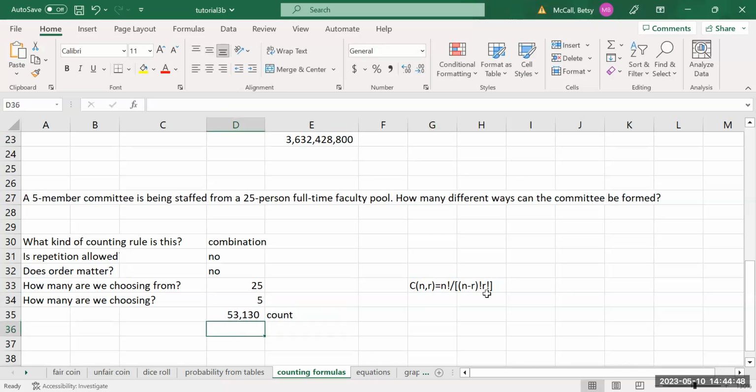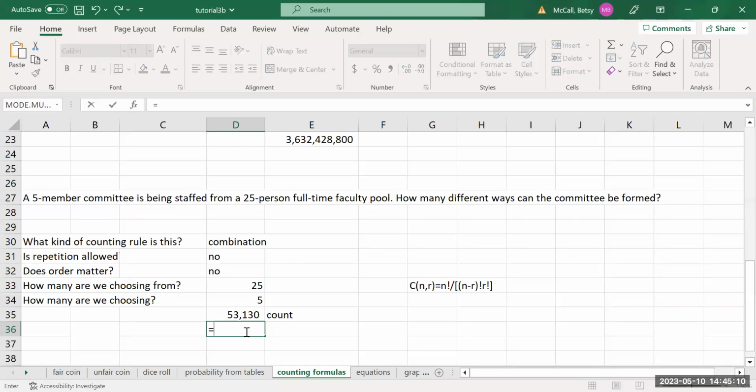And that extra r factorial is, again, sort of accounting for the fact that, okay, I have these 5 people I've chosen, but I don't actually care what order they're chosen in. And so we're taking out the count of those different kinds of combinations. How many ways can I rearrange those 5 people? I don't care about that. So I'm dividing that out.